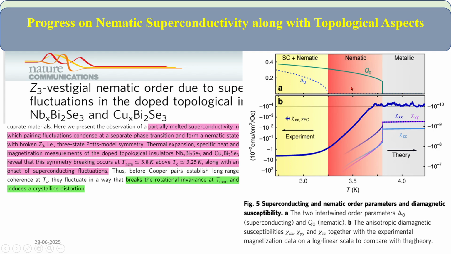This is just closer to the superconducting region, and here the material is in the quantum metallic state. This is also affected by the rotational symmetry, and the resistance is decreasing. This parameter indicates the resistance decreasing with the nematic temperature, and when the material reaches the metallic state there is no effect of nematicity.